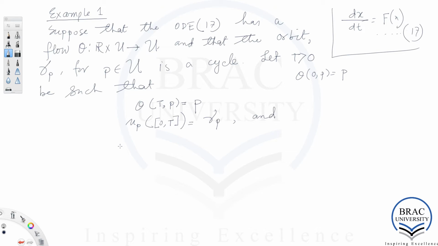And finally, we want this map u sub p from the half open interval 0 comma T to the open set big U is 1 to 1.